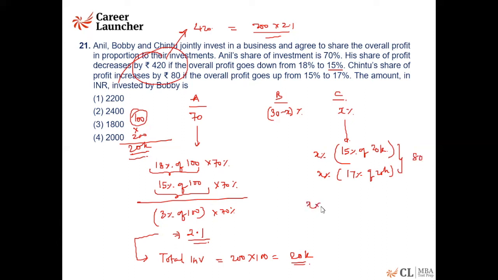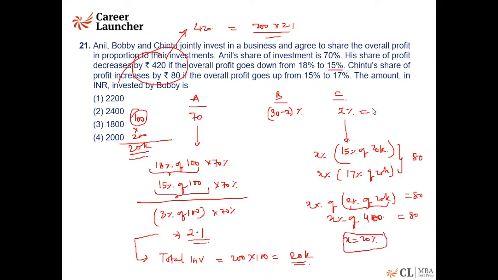So X percent of 2% of 20K is equal to 80 rupees. By the way, 2% of 20K is 400. So X percent of 400 is equal to 80. So X is equal to 20%.